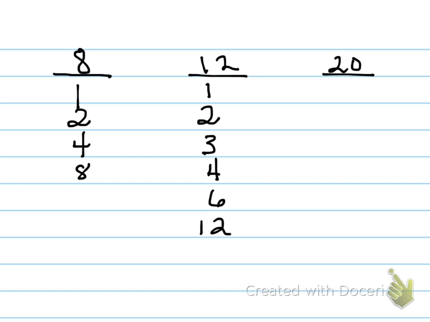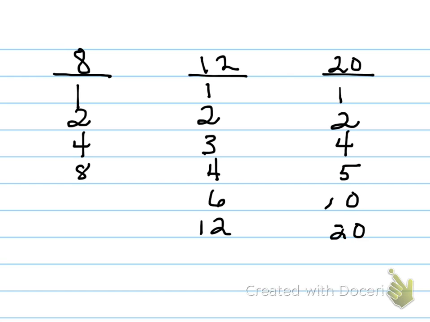I'm thinking factor pairs. I certainly know I can multiply 1 times 20. So 1 I'm going to put down there. But I also know I can multiply 2 times 10, 4 times 5, 5 times 4. Oh, look, once I get to the crisscross applesauce, I'm done. I found all of my factors. So my factors of 20 are 1, 2, 4, 5, 10, and 20.